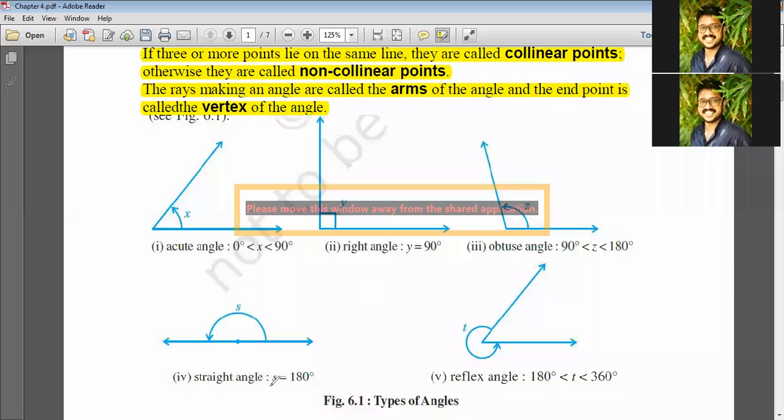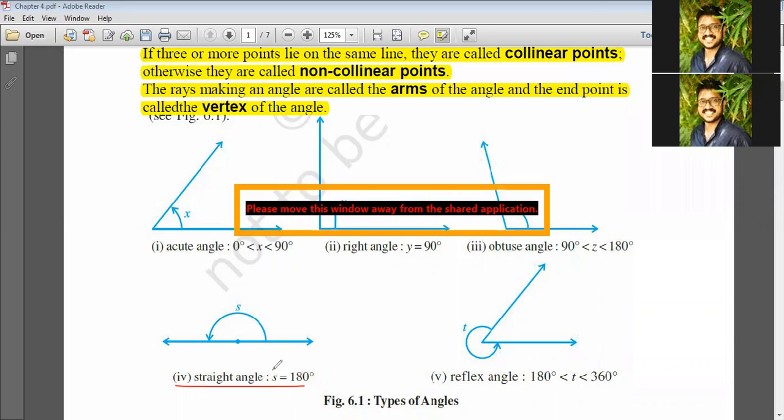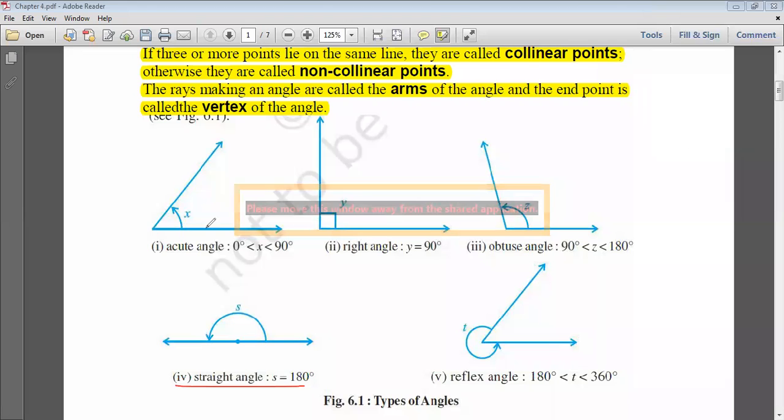As the name suggests, straight angle means it's actually a straight line, and the value is 180 degree. And do you remember this? You have already learned that angles in mathematics are measured in anti-clockwise direction. See, we will start from here and then we will move till here.